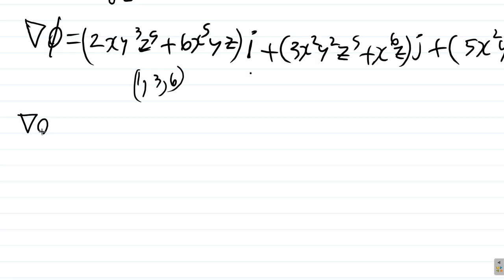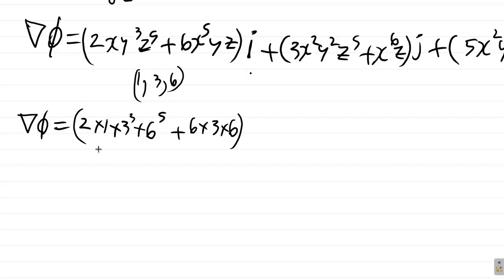So what you have here is going to be 2 times 1 times y cubed, which is 3 cubed, times 6 to the 5, plus 6 times x, which is 1 to the 5, times y, which is 3, times z, which is 6.